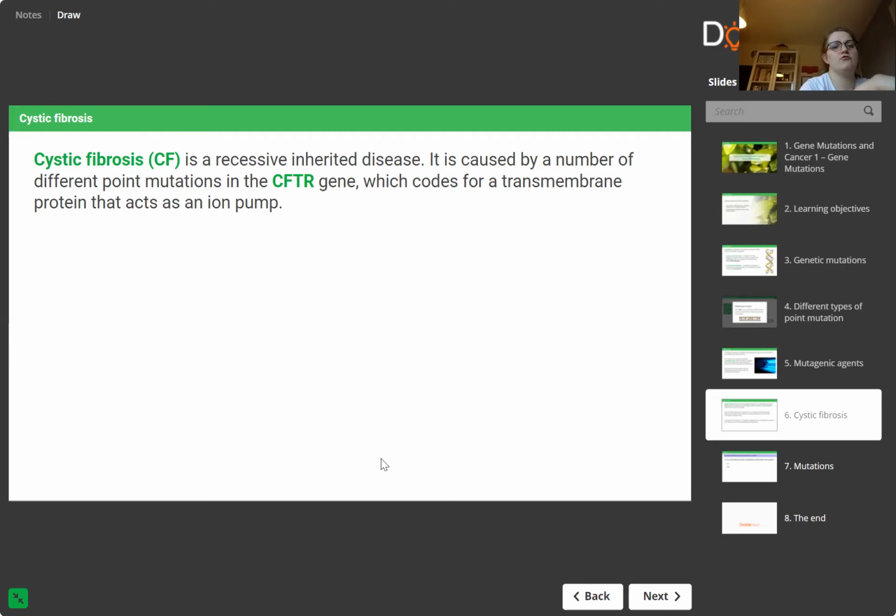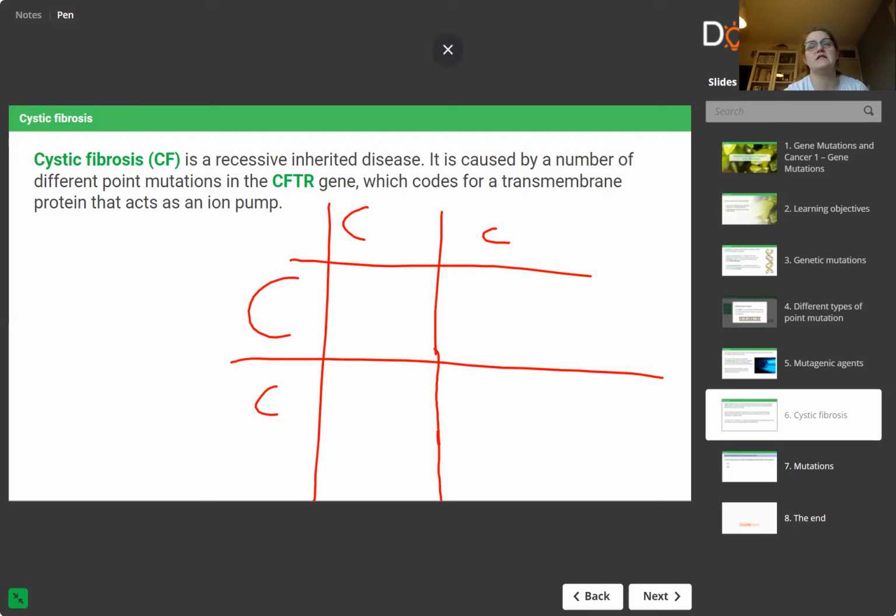So if we were to draw a really basic Punnett square for cystic fibrosis, capital C is our dominant allele and lowercase c is our recessive. Both parents are heterozygotes, both carriers. You can only get cystic fibrosis from someone that has cystic fibrosis, or both parents must be carriers, otherwise you can't pass it on.